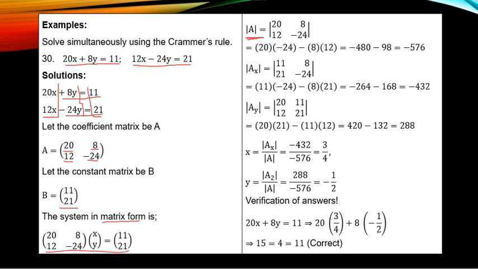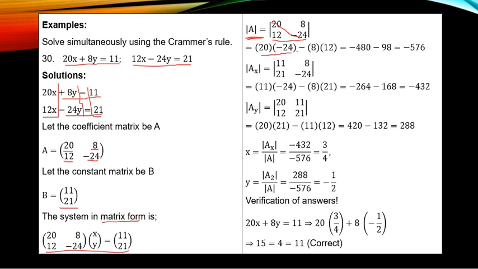Okay. So first thing we do is to find determinant of the coefficient matrix. That is determinant of A. This is the coefficient matrix. In lesson 7, we explained determinant of matrix of order 2. We said that you take the difference of the product of the two diagonals, where you start with the leading diagonal, that is 20 times minus 24 in this form.